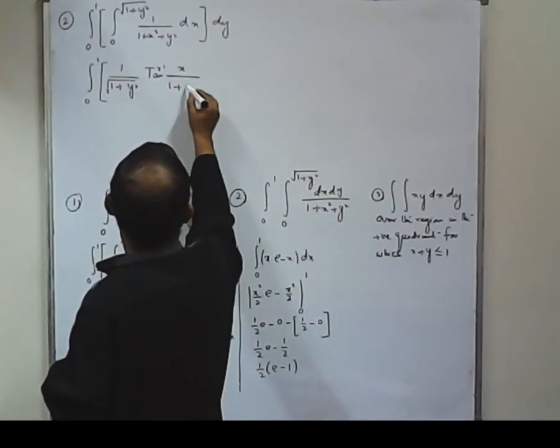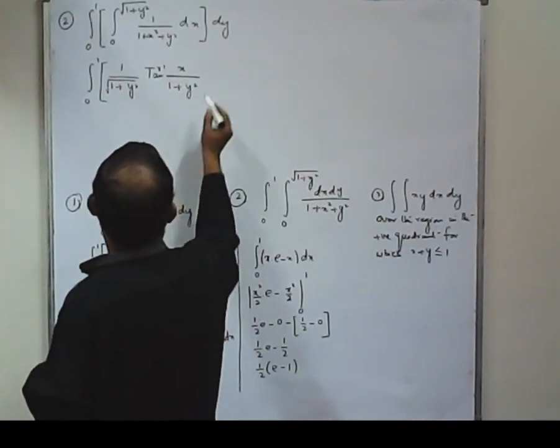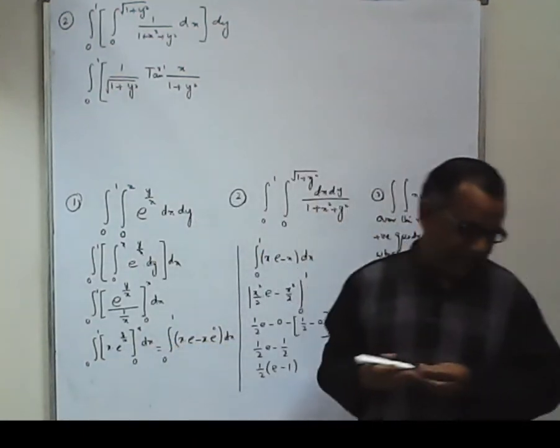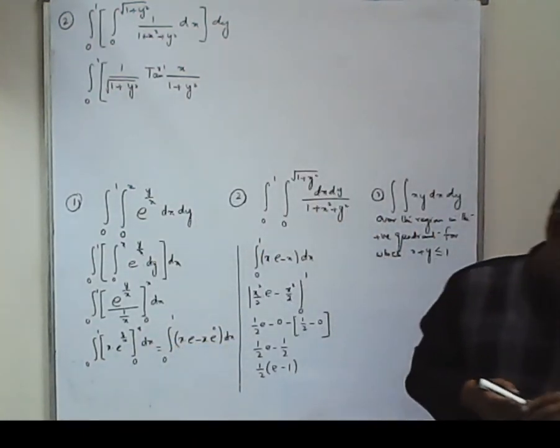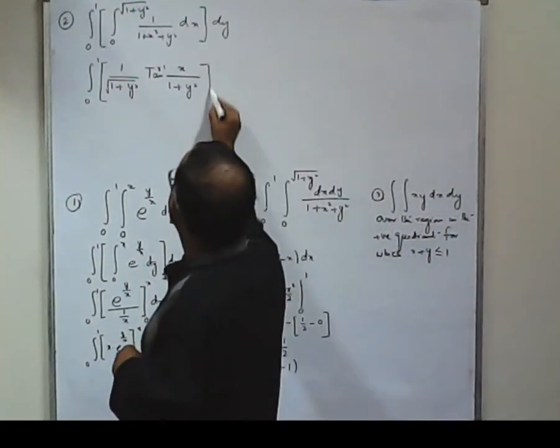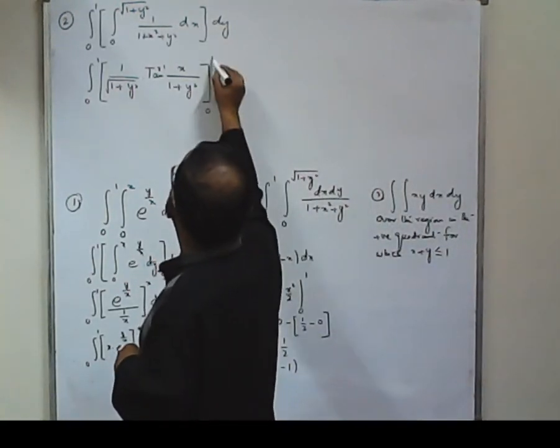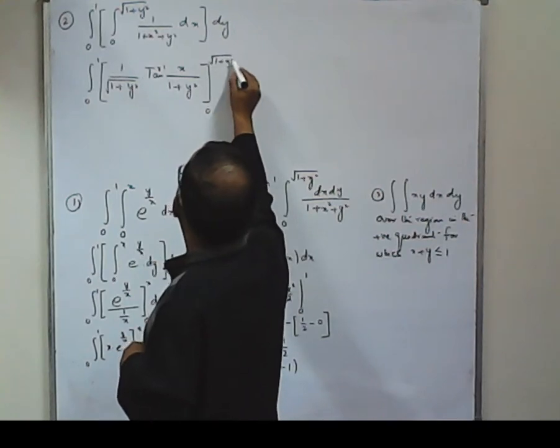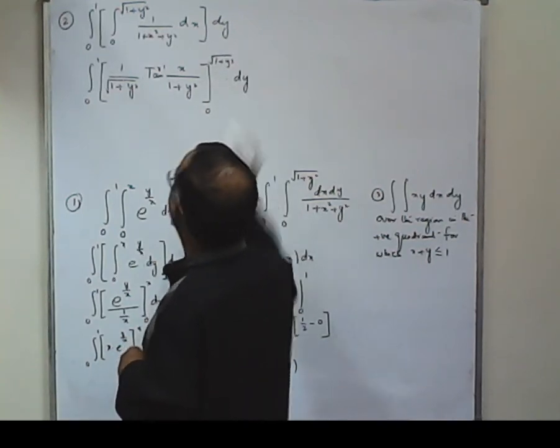This is 0 to under root 1 plus y square, dy.